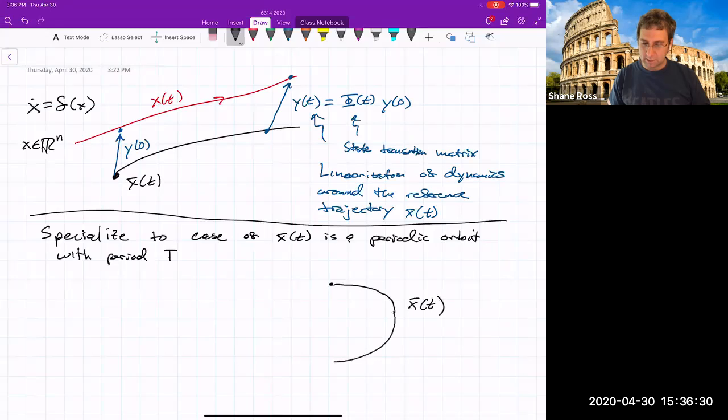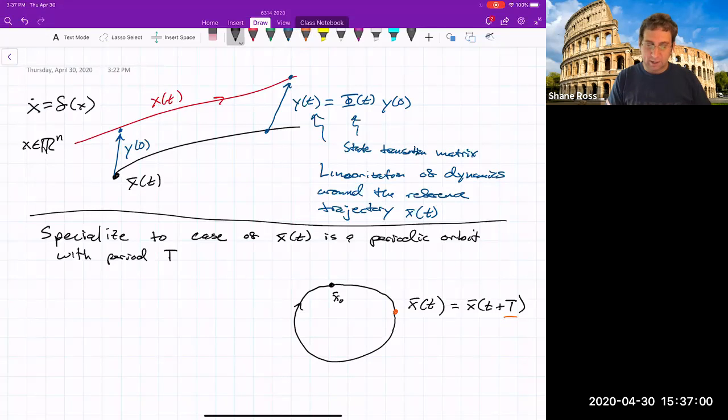Now it's not just going anywhere, it actually goes back onto itself. And I'm just highlighting some initial condition on the periodic orbit. So periodic means that if we're at this point, and then we wait an elapsed time capital T, we'll be back at the same point, no matter where we are.